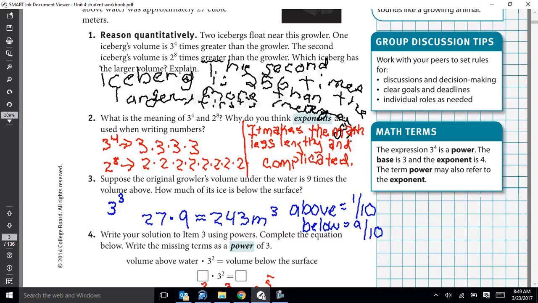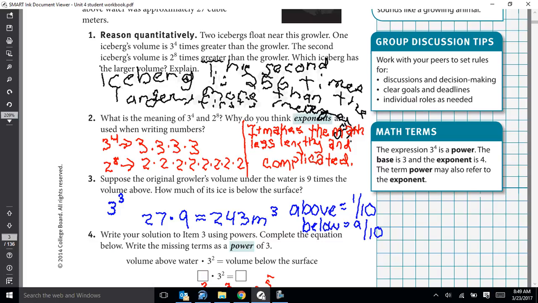So with this one, we have 3 to the 4th, and then Allie has 3 times 3 times 3 times 3, right? And in number 1, Tom had computed that to be 81. And then 2 to the 8th was 2 times 2 times 2 times 2 times 2 times 2 times 2 times 2, right?